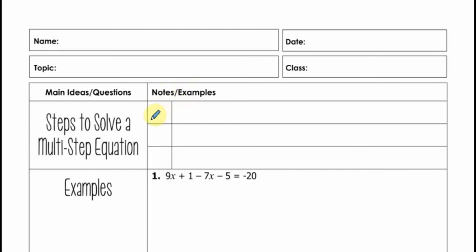All right, so you've probably done one and two-step equations, and I'm going to run through the steps with you, listing them, and then show you a couple examples, and then have you all try a couple.